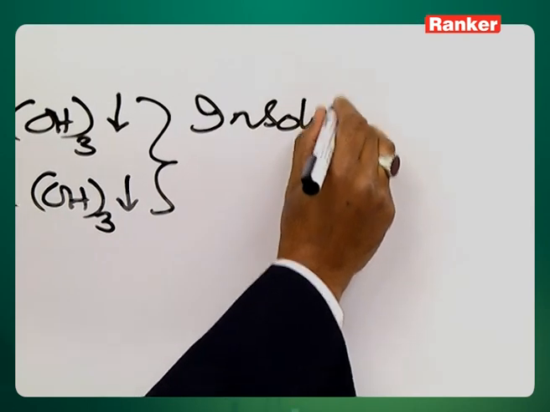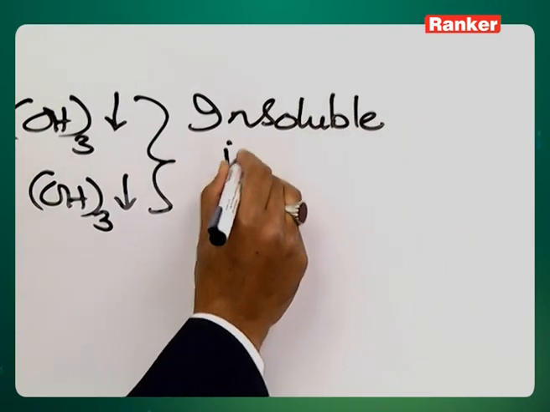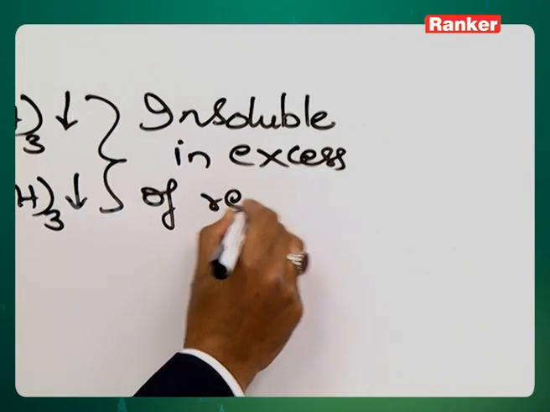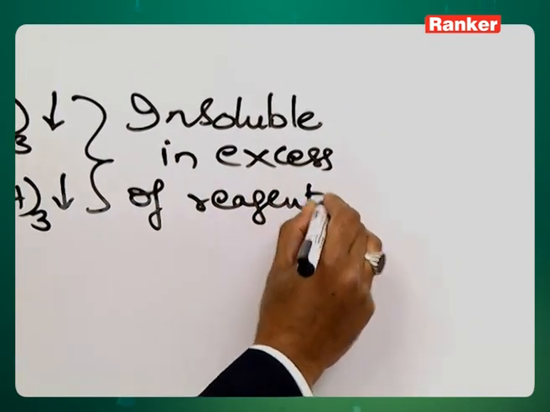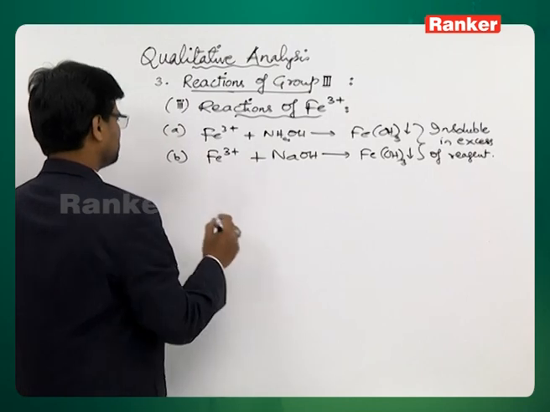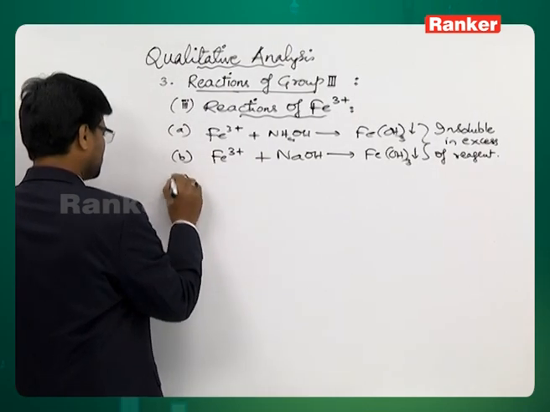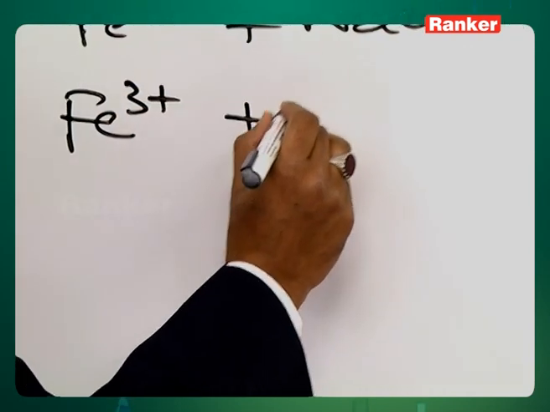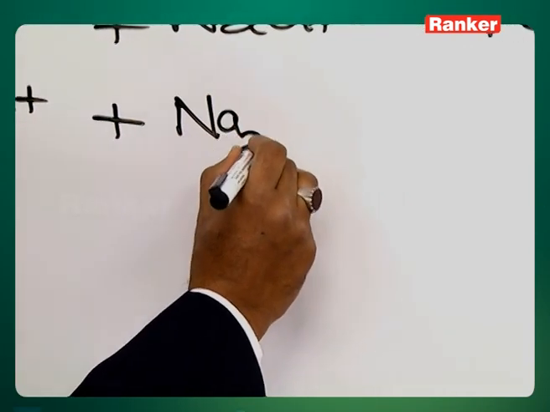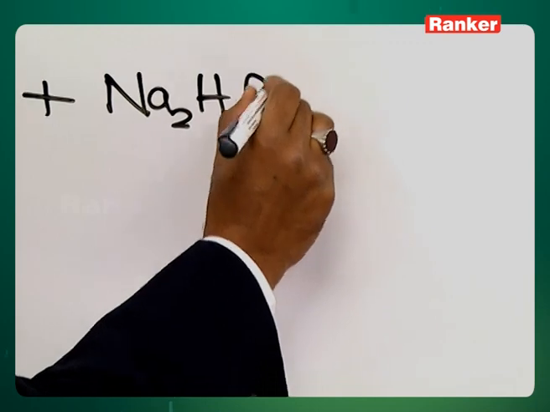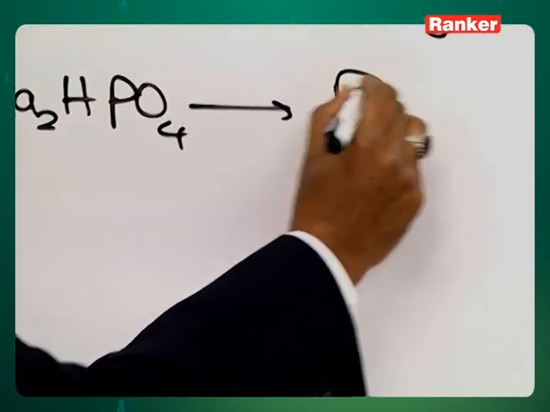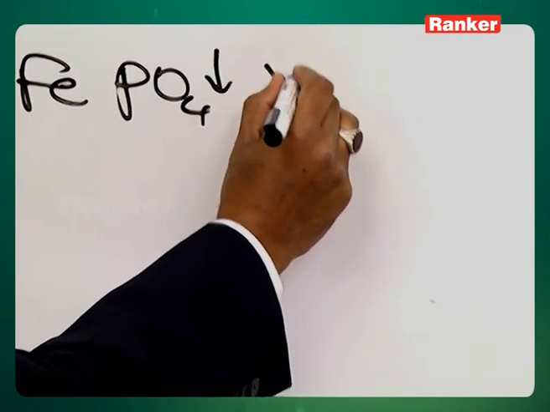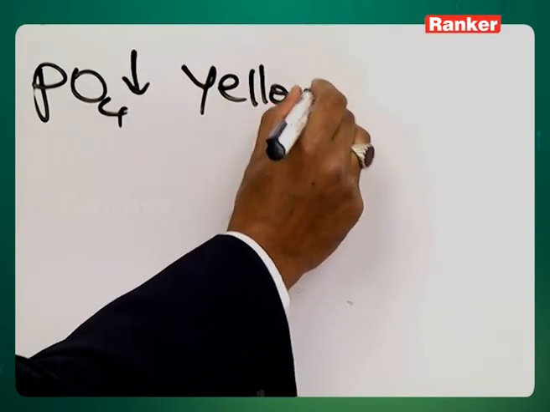Fe3+ on reaction with sodium hydrogen phosphate gives FePO4. This is a yellowish white precipitate.